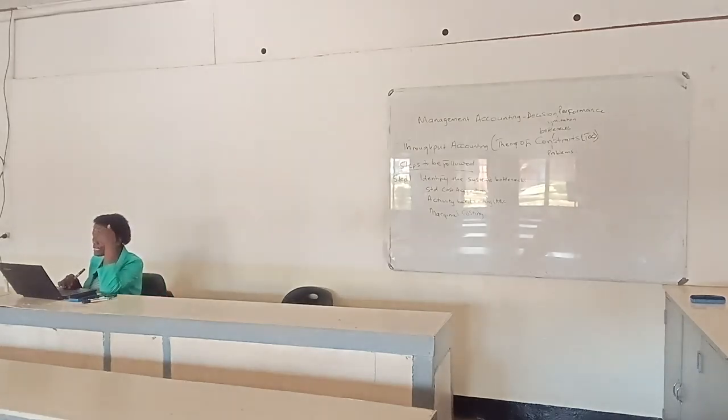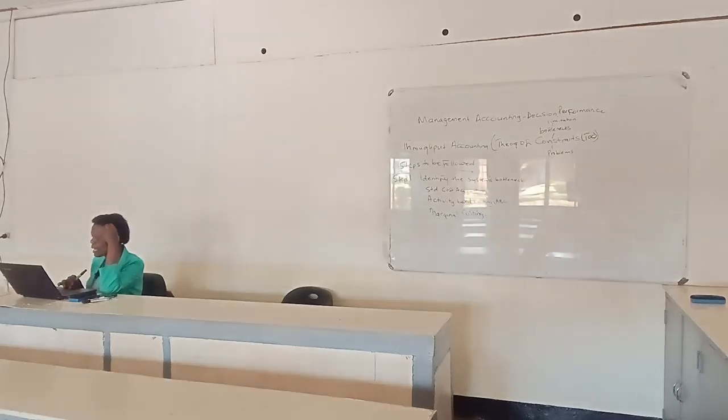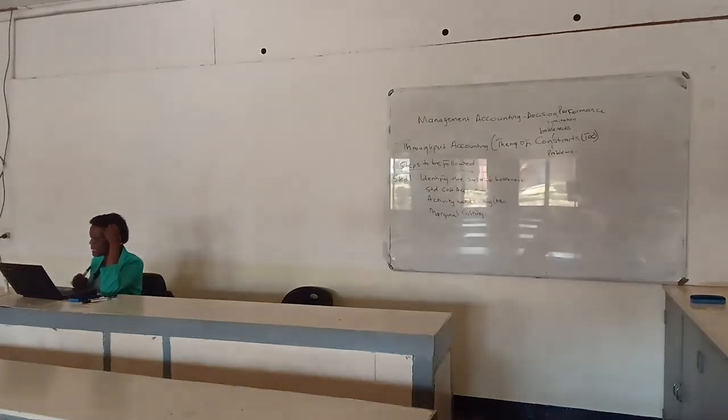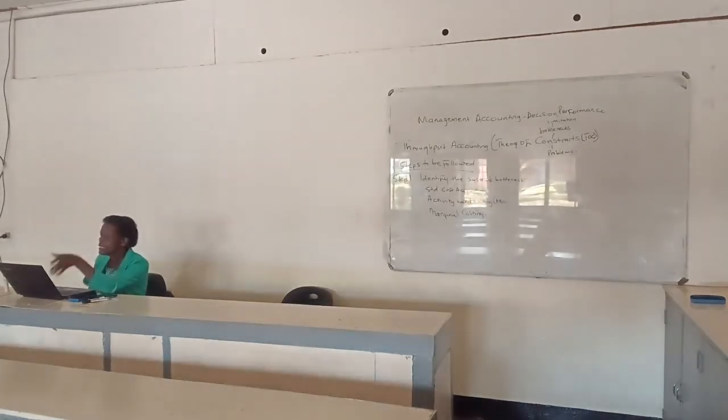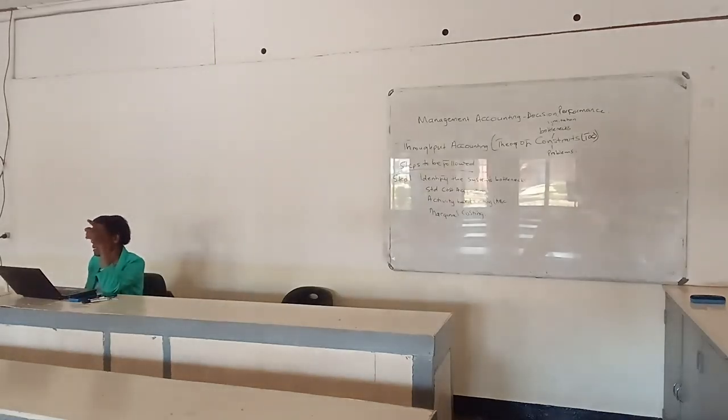So when we're talking about throughput accounting, then you analyze the bottlenecks or the concentrates so that you should really know how to do it. As they told us in the presentation, you are supposed to go back to the first step of identifying the problems or bottlenecks.